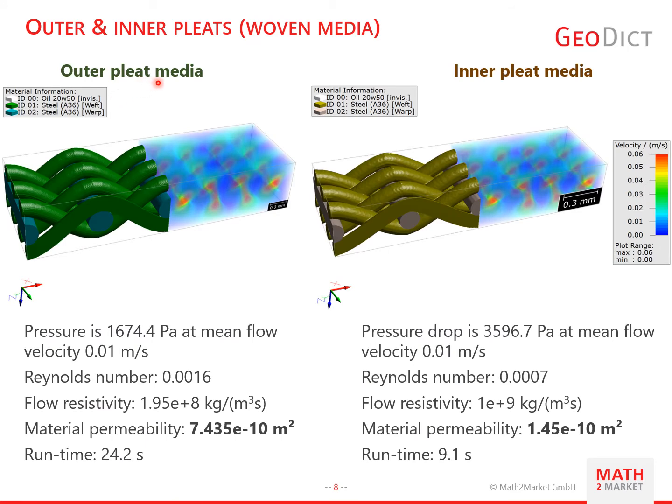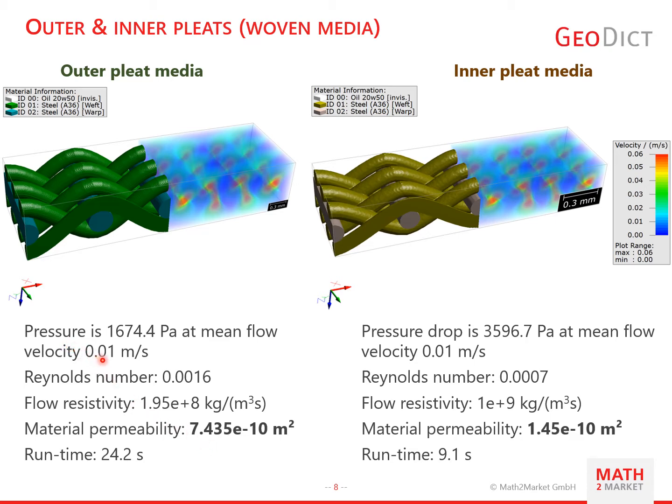So here the filter media of the outer pleat and the inner pleat were modeled with the WeaveGeo module of GeoDict using the plain weave submodule. Afterwards, we simulated the oil flow through each of the filter media by solving the Stokes equations with the LIR solver to define the material permeabilities for each media.